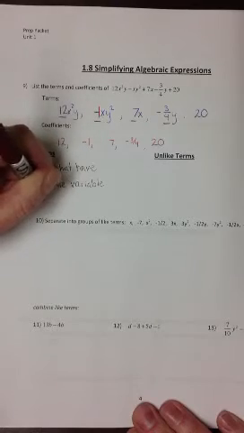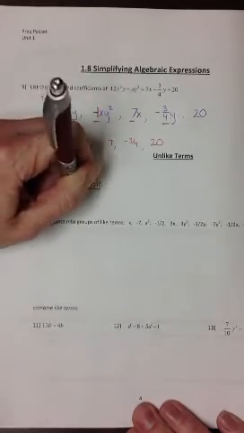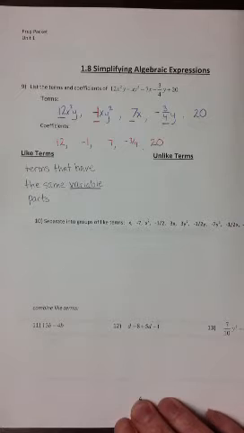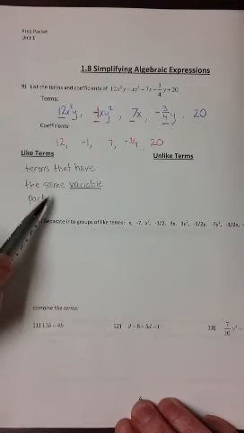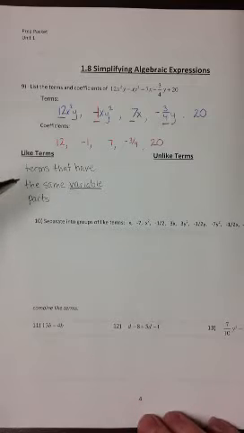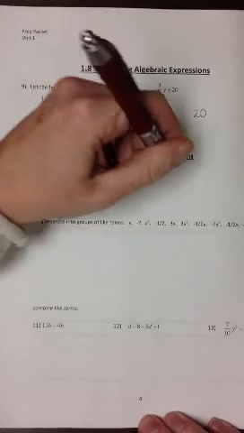So notice that it only says that the variable parts need to match. So if both of the terms have an x, their numbers, 3x, 2x, can be different. Unlike terms have different variable parts.